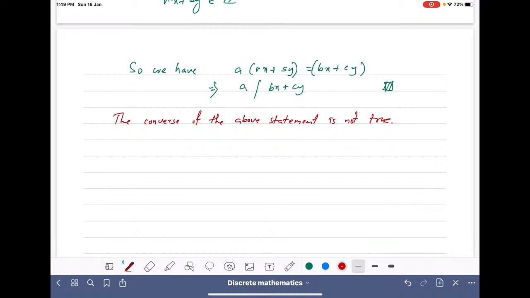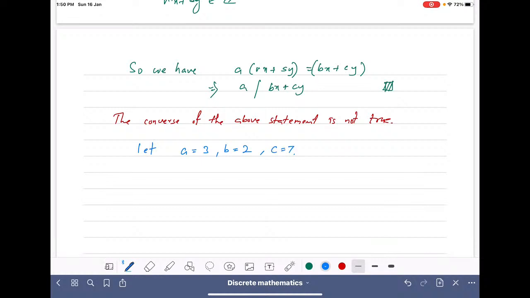For example, say we can take x and y to be 1, making both of them 1. Let A equal 3, B equal 2 and C equal 7.